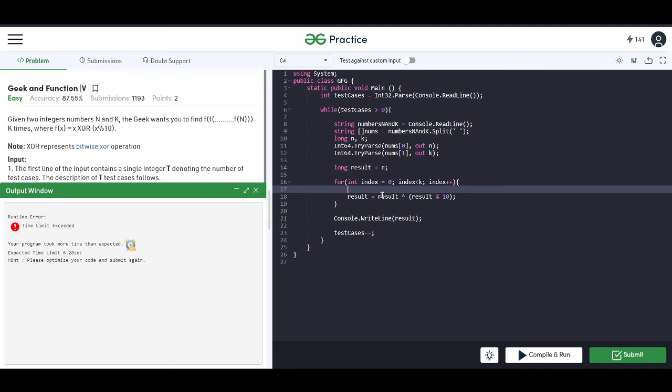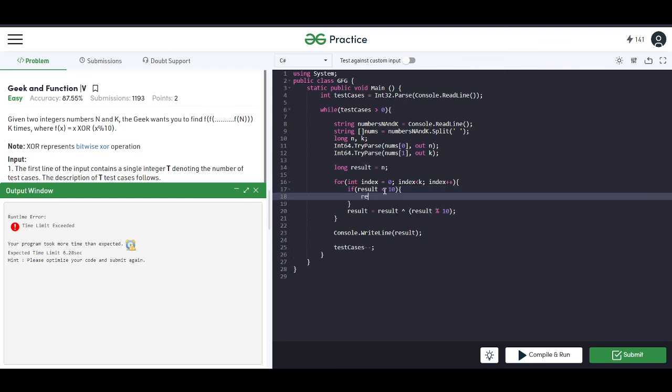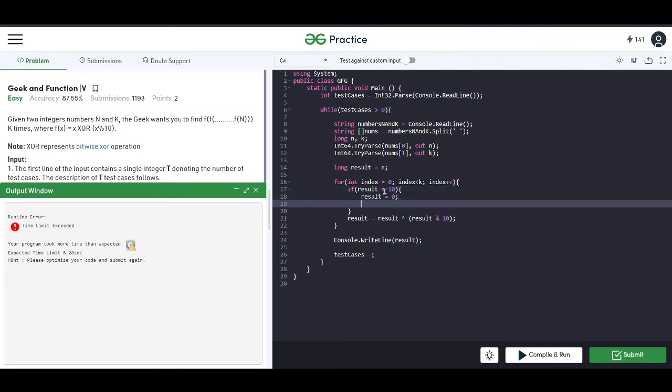In this particular function, that case will arise when result mod 10 is result, and any number mod 10 will be the number itself when the number is less than 10. So let us add a case wherein if result is less than 10, then we will set result to 0 and break out of the loop.